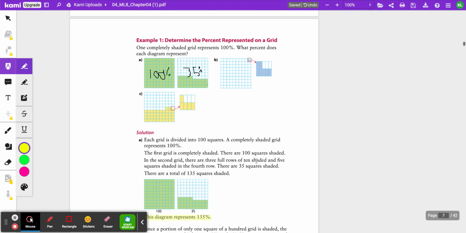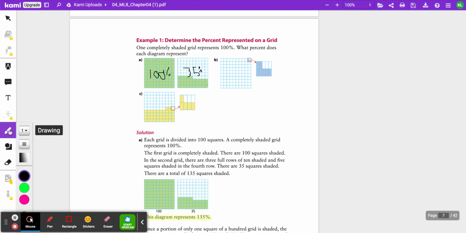Question B, I have less than a percent here. So what is my percent? Well, first I need to look at how many parts I have out of a whole. So the whole is 1, 2, 3, 4, 5, 6, 7, 8, 9, 10.